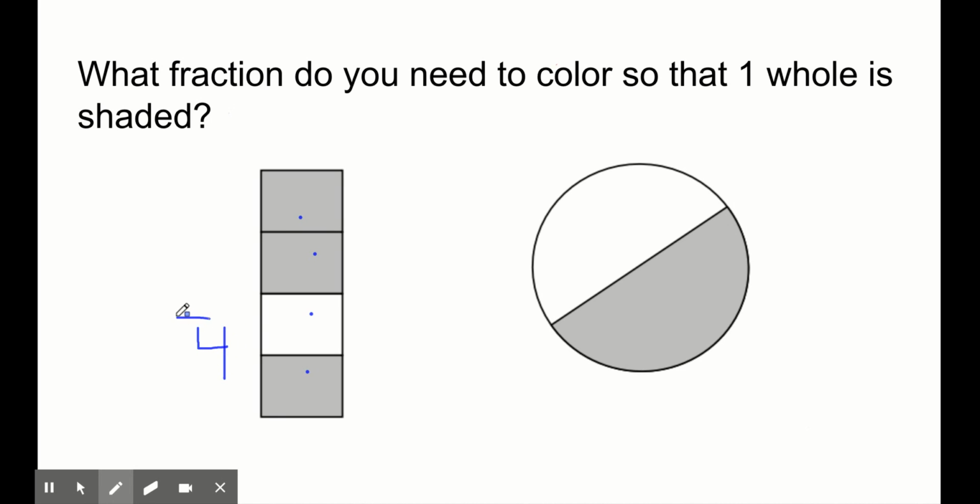So since it's divided into 4 parts, I know I'm dealing with fourths. How many parts are not shaded? 1. So for this problem, I would only need to shade 1/4 more to make it one whole.